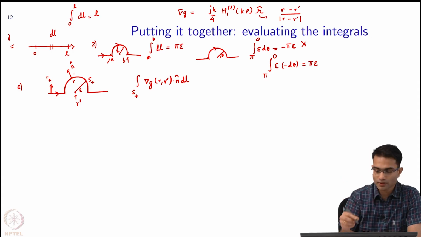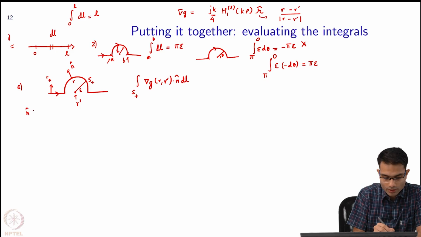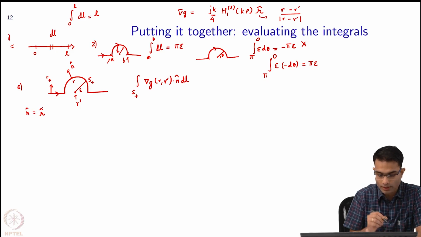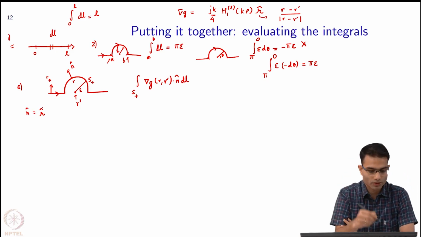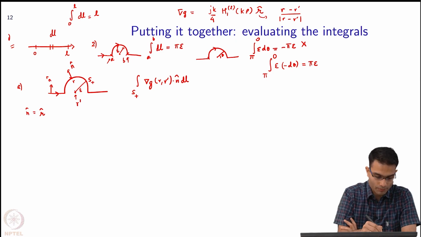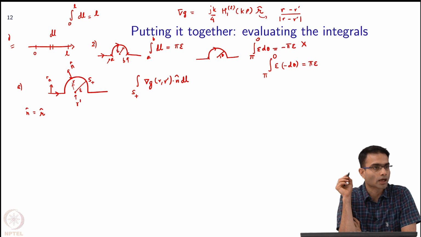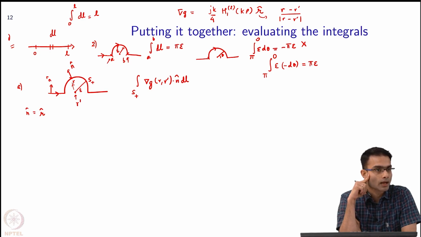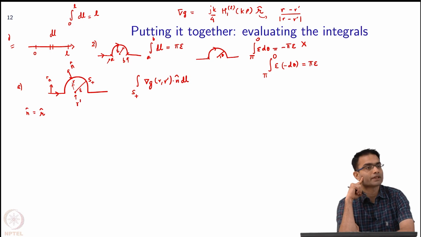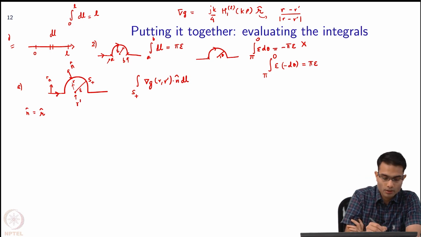Same direction, right. Over here, n hat is equal to r hat, because r is here and r minus r prime is always going to be like this. r prime is fixed to be the center of this semicircle. That is the point that is fixed, the testing point. r is the variable of integration. I am going from here over this circle and like this, correct.